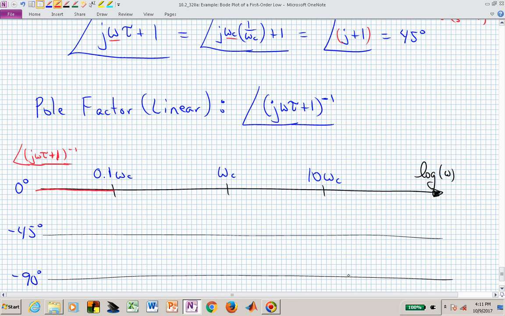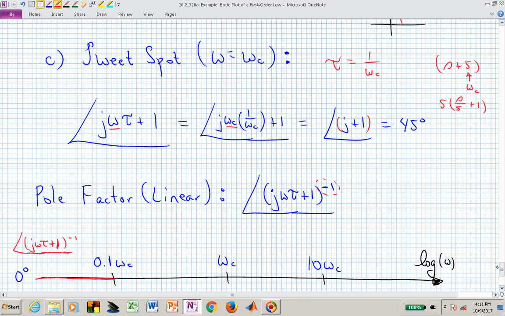A factor of 10 beyond the break frequency, we're downstairs, at minus 90 degrees. That's why this is important. And in between, at the sweet spot, if this is a pole factor, it would be that raised to the minus 1.